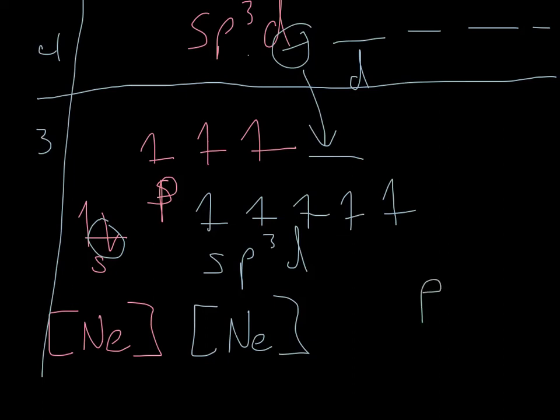So you'll see phosphorus pentafluoride. And that's why phosphorus can bond 5 times. Now, this is a rarer occurrence, but it is still important to know. So, there you go, that's sp3d.